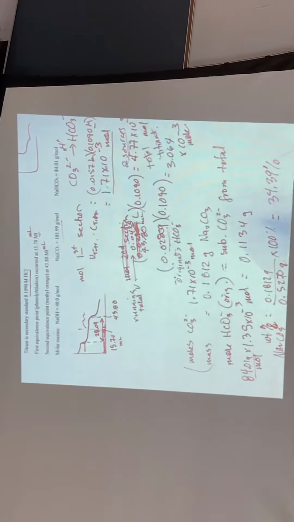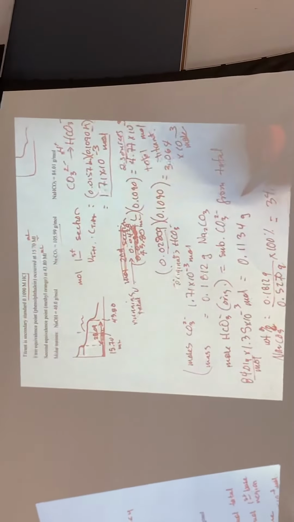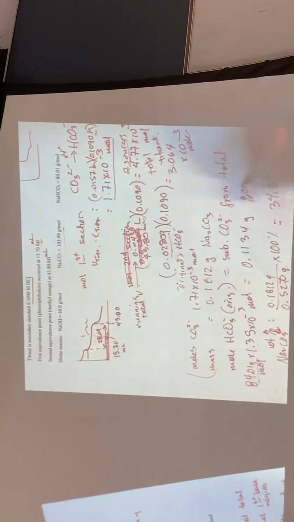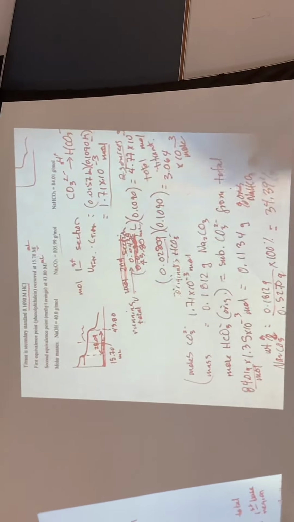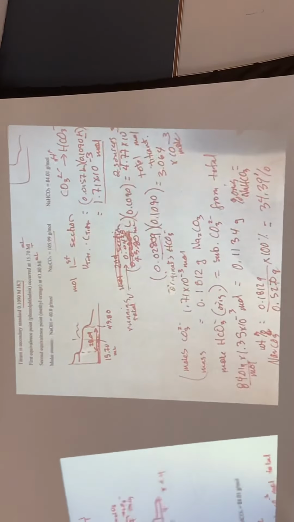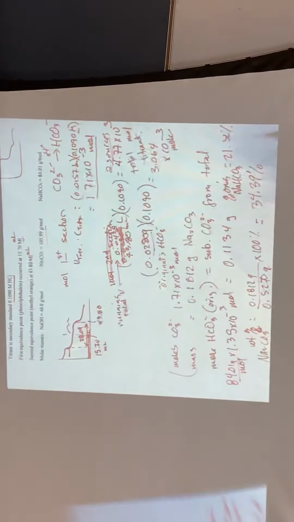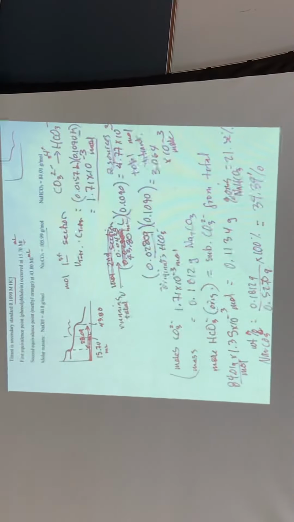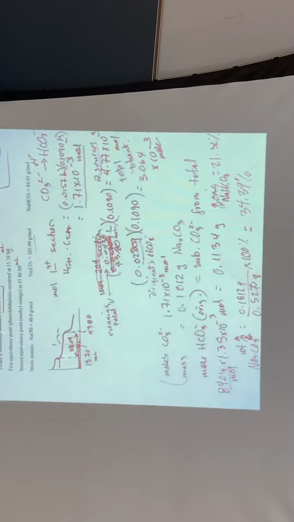In the same way, we could put the original mass of the bicarbonate, percent original bicarbonate, sodium bicarb, is its mass over the total, and I got 21.52%. Those do not add to 100 because the question warns you there may be inert filler. So they don't have to add to 100.